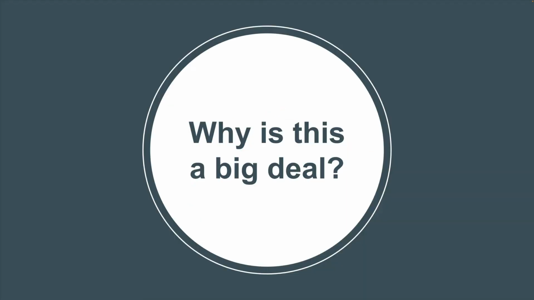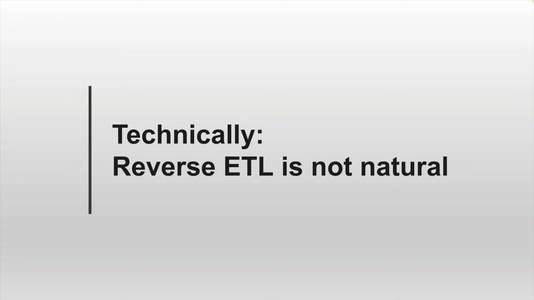And this is a big deal because, well, there are 3 reasons. First of all, technically speaking, reverse ETL is an extremely unnatural thing to do. What do I mean by that? Remember that I explained that OLTP typically does things in tiny chunks that happen very, very fast, many times per second, and it's built for that.